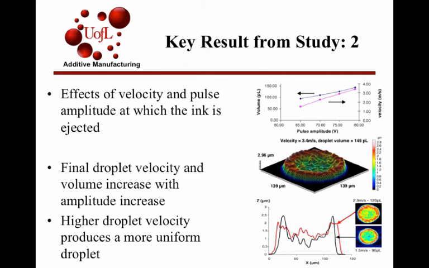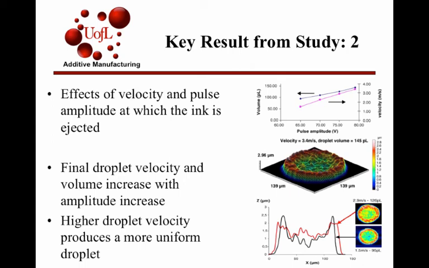But down here was the SEM view of a 1.5 and a 2.9 meters per second droplet speed, and the droplet becomes more uniform as you get to higher velocities, which can be seen in this graph here as the red line is the 2.9 is closer to being the same throughout the whole part, compared to the 1.5, which you see high peak and then a low peak as it goes back up to high peak too. And this is from the outer edge going into the inner diameter, the center of the droplet.